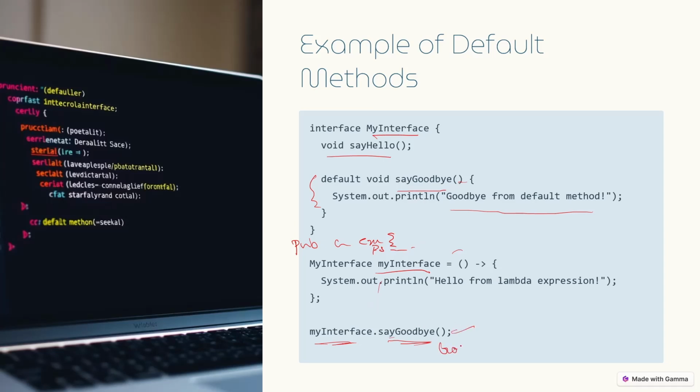It will print "goodbye from default method." Now, if I need to customize this goodbye message in a different way in my concrete class, you just override this sayGoodbye method. You can change it however you want, and call this overridden method here. So the overridden information will be printed in the concrete class.